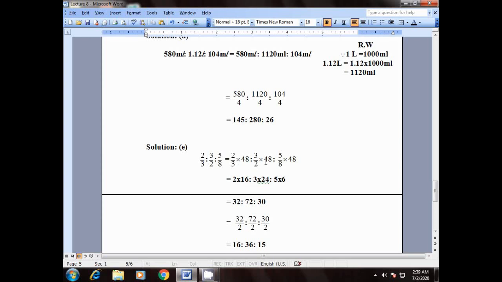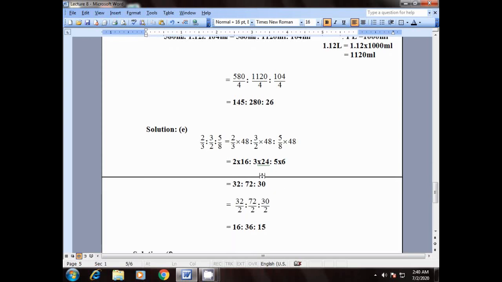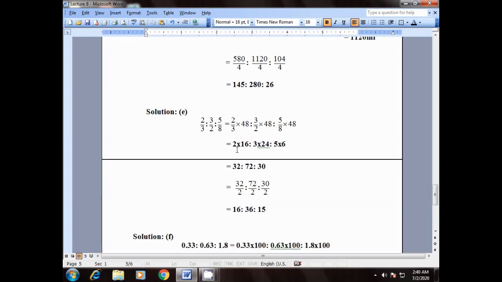If we divide 48 by 2, then 2 times 2 is 4, and 2 times 4 is 8, so the quotient will be 24. Then 3 times 24. For the third quantity, 8 times 6 is 48, so 5 multiplied by 6. Let's multiply these numbers. 16 times 2, 32. 24 times 3, 72.